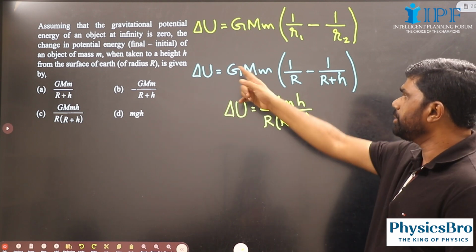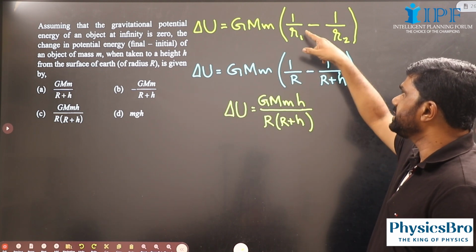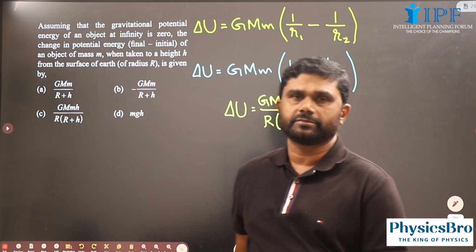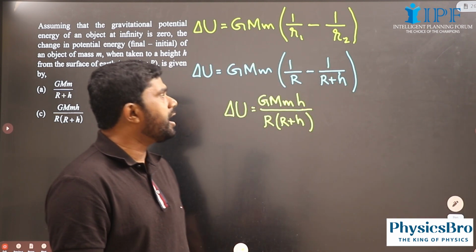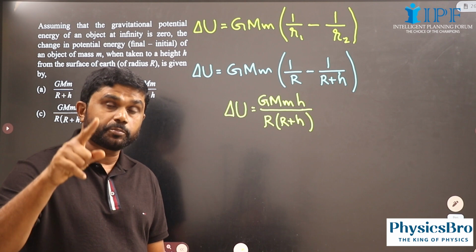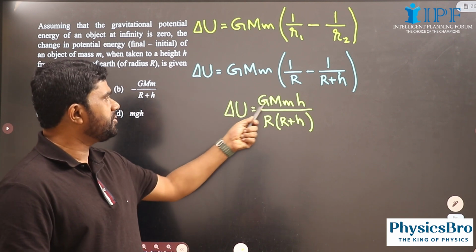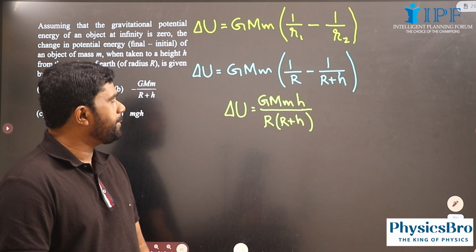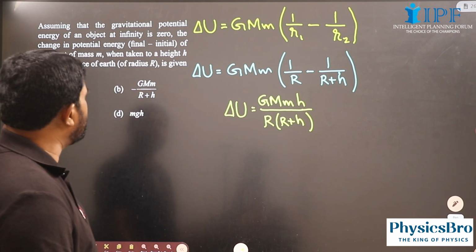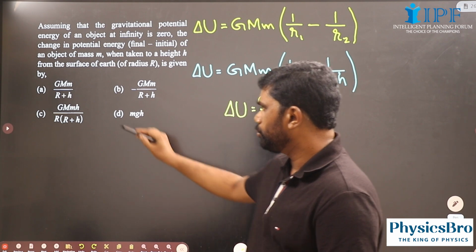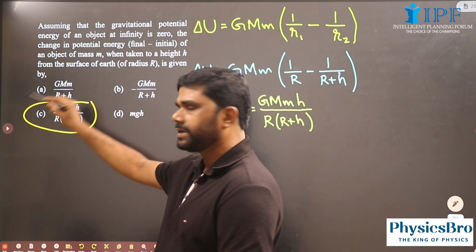R1, that is the distance of the initial position from the center, that is capital R. And R2, the distance of the final position from the center, that is R plus h. Okay, so here we will get GMmh divided by R into R plus h. Okay, so this is the correct option.